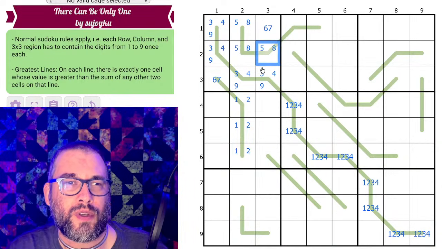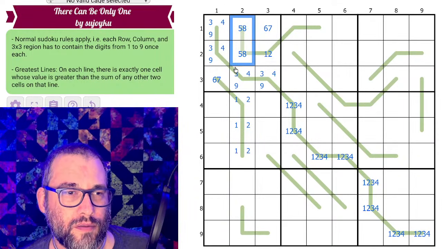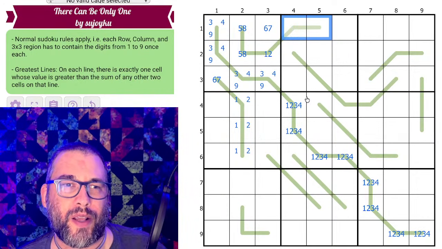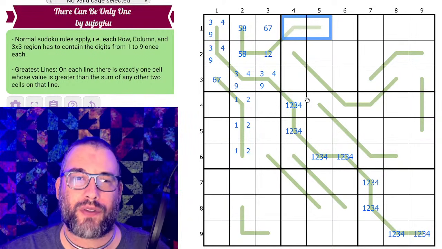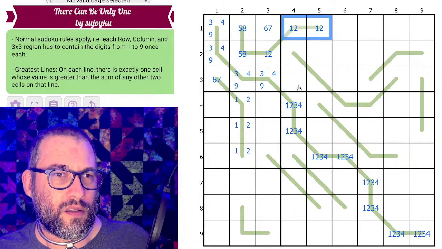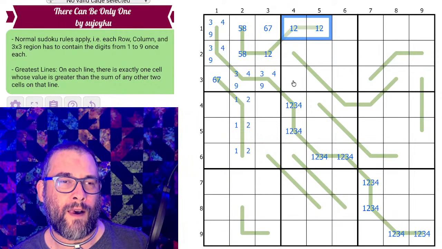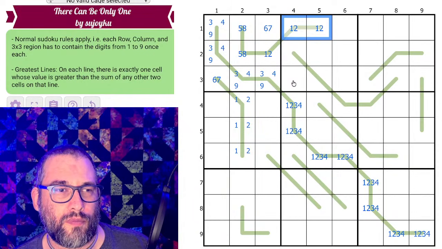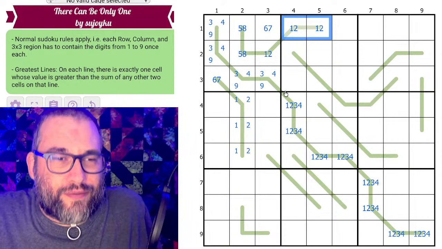That's true. This one is only 1 or 2, and this is a 5-8 pair. I just wasn't sure about it. I think that's true. If we have 1, 3, that's too big. So it is just 1, 2. Definitely can't have a 5 here.